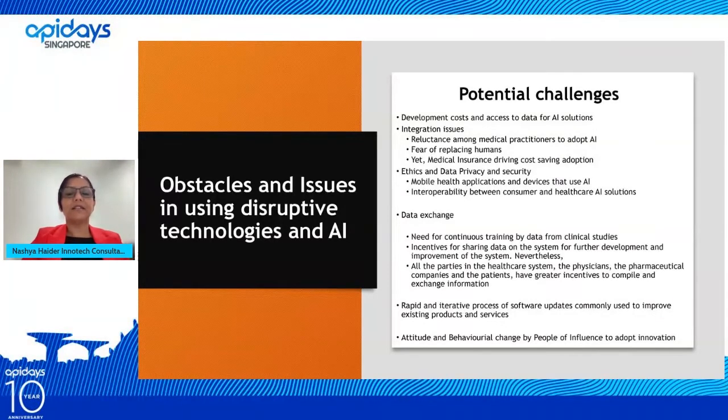So the investment and design, development, and deployment of AI platforms and software needs justification. And it's not only about a financial return on investment, it's about bringing on stakeholders such as medical practitioners, hospital finance and administration, medical insurance, medical practitioner insurance.